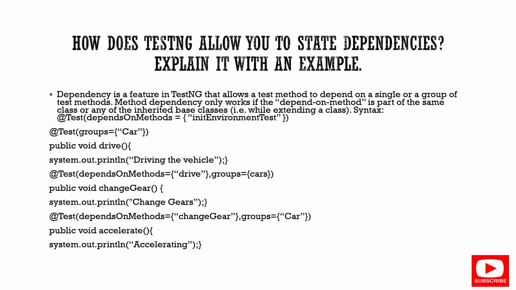If you want to change the gear, you need to drive first, right? And similarly, if you want to accelerate, you need to change the gear. Without changing gear you cannot accelerate. So acceleration depends on change gears, which depends on drive. So these are dependent methods.